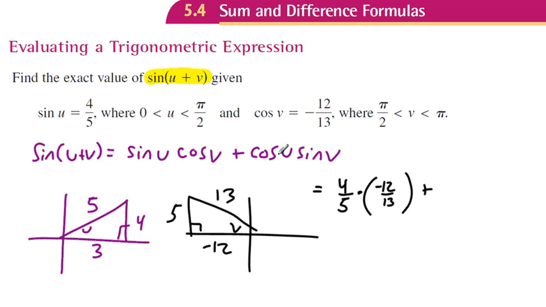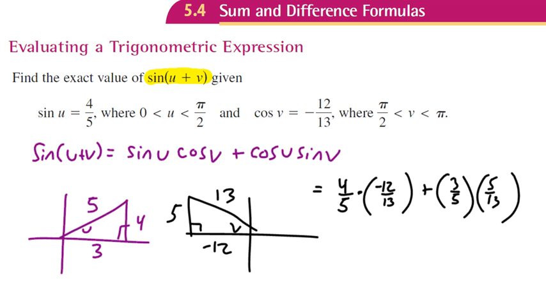Plus, now here we go, cosine of u. So go to our triangle that has the u, and cosine of u is adjacent over hypotenuse. So we're going to do 3/5. And then sine of v. So go to v, opposite over hypotenuse. So 5/13.